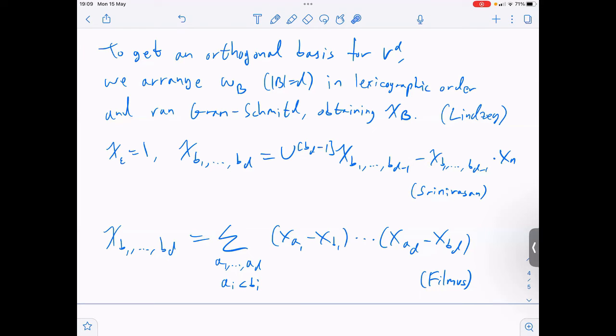And if you do this for all d, then you get an orthogonal basis of eigenvectors for the Johnson and Kneser graphs. So I think this formula is nice. I'm not sure that it has any applications, but it's maybe a bit surprising. Definitely, I wasn't expecting it.